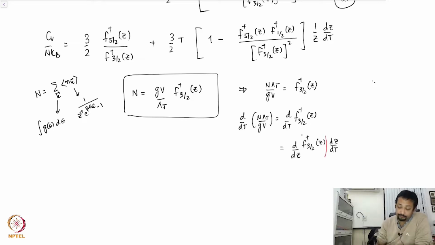But this one I know, because f plus m derivative of m, I derived this as minus 1 over z f plus m minus 1 of z.